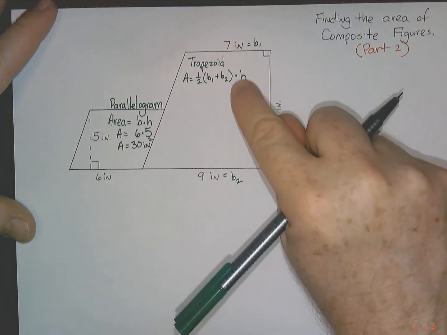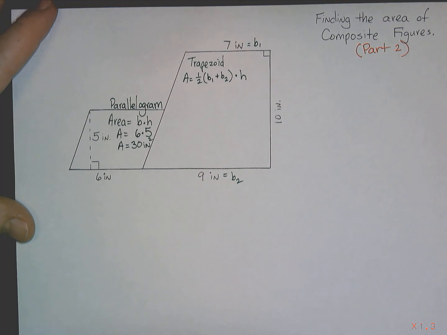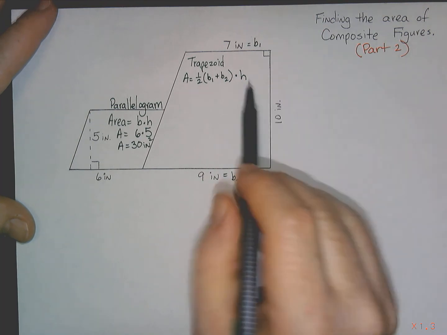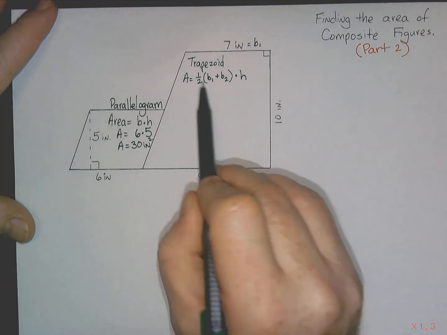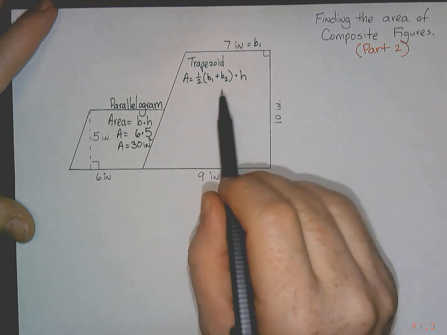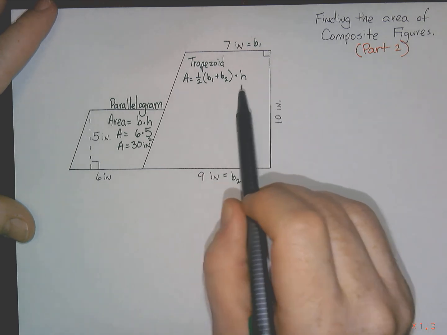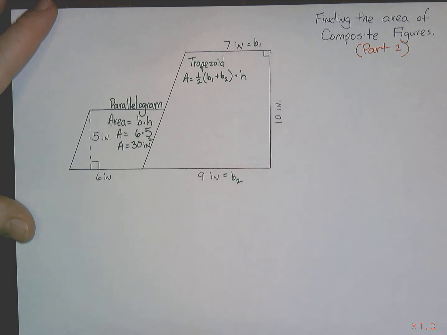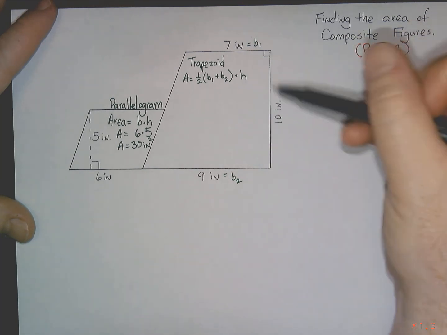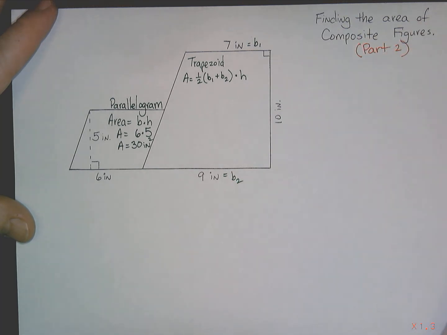And sometimes you won't see that little dot there. It means times. Sometimes you'll see it right up against the parentheses. You always want to start with the formula, because that will help you structure the problem. And then what you do is you plug in what you know to find out what you don't know.